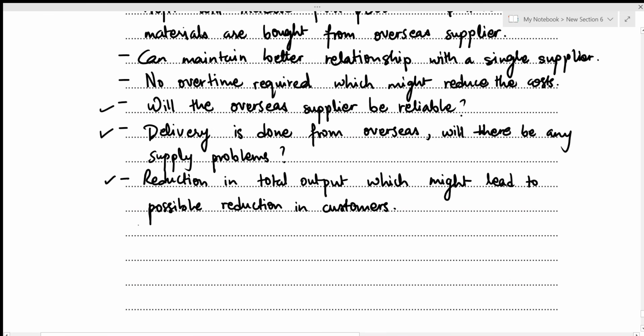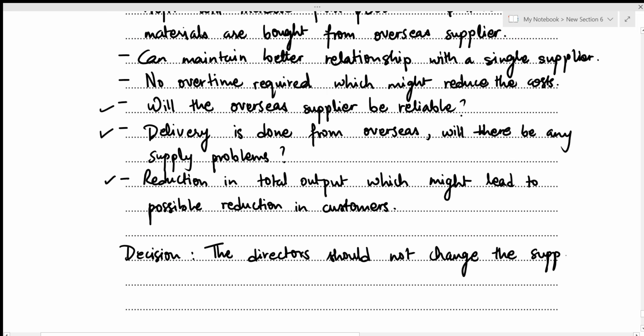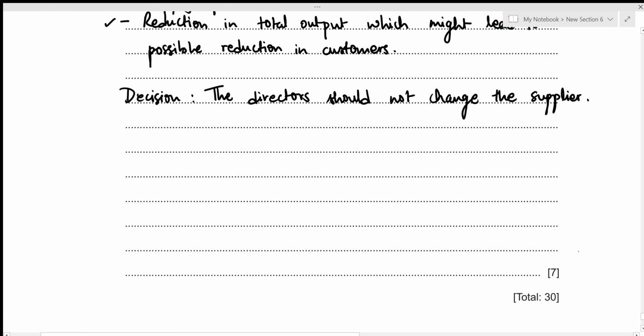Let's write that down clearly. So decision will be that the directors should not change the supplier. All right. This concludes the 7th part as well as this question.